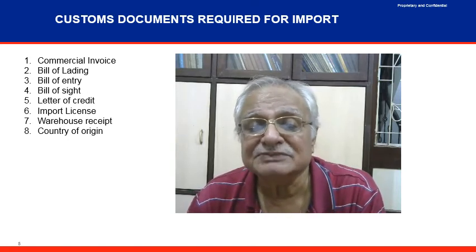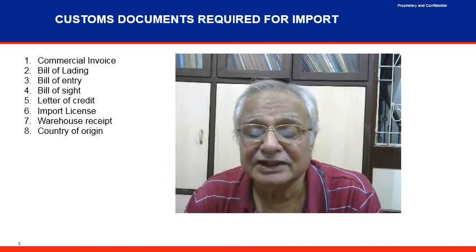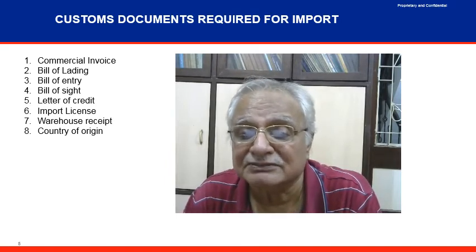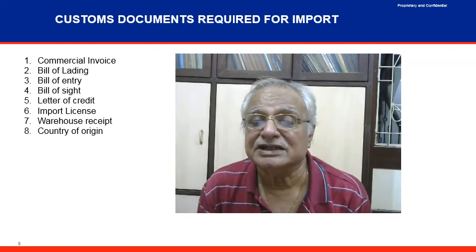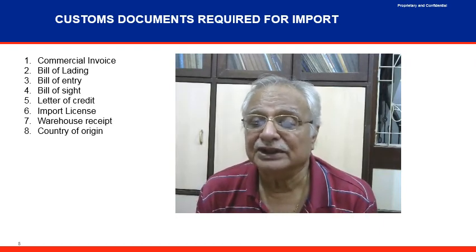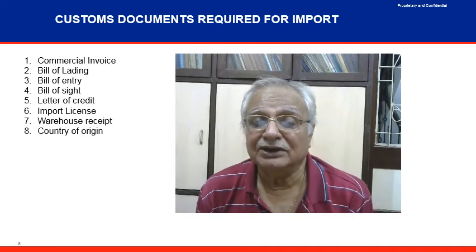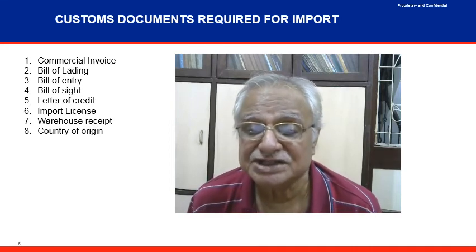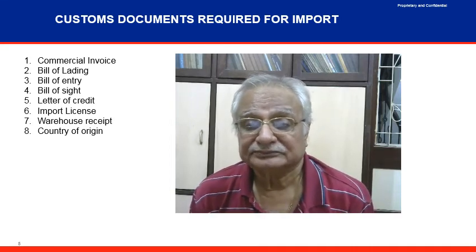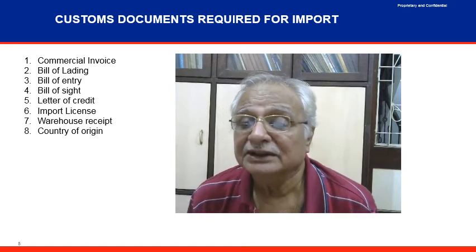The next is the bill of entry. The bill of entry is a document filed with the customs which contains the details of the goods, importer, carrier, invoice number, bill of lading number, and then all these important aspects, exchange rate, is shown in the bill of entry.